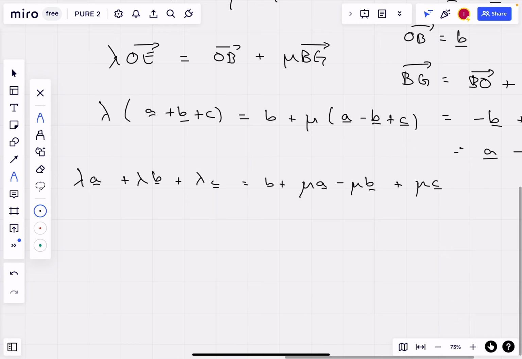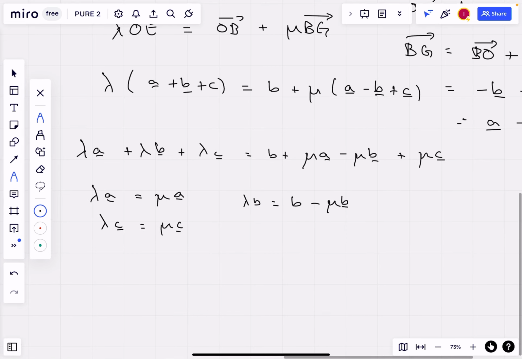Now we can equate the coefficients. So lambda A equals mu A, lambda C equals mu C, and lambda B equals B minus mu B. If we take away all the A's, B's, and C's, we're left with lambda equals mu on two separate occasions, and we're left with lambda equals 1 minus mu.